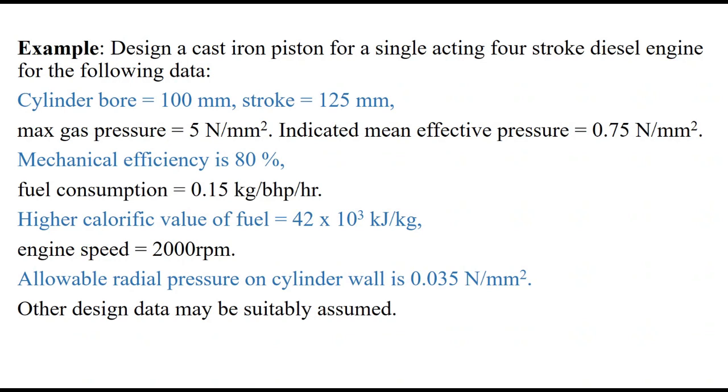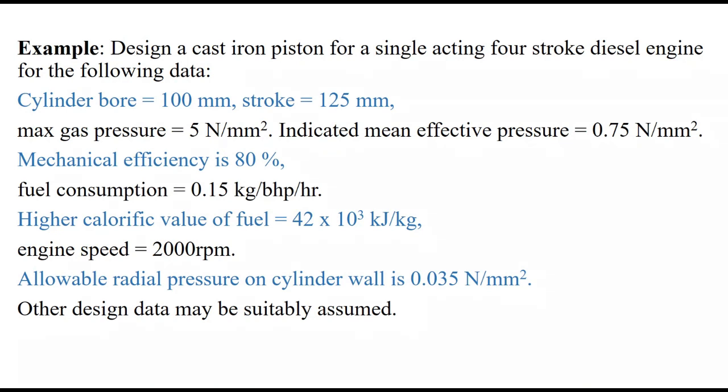Then engine speed is 2000 rpm, then the allowable radial pressure on the cylinder wall is 0.035 Newton per millimeter square. And other data we have to assume. So with this much information, we are asked to design a cast iron piston.